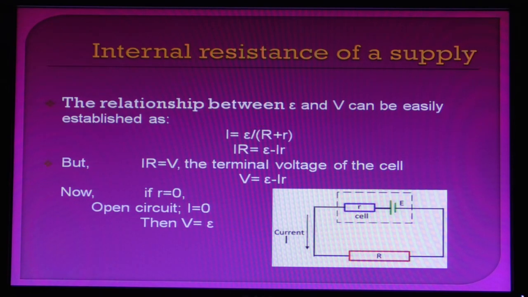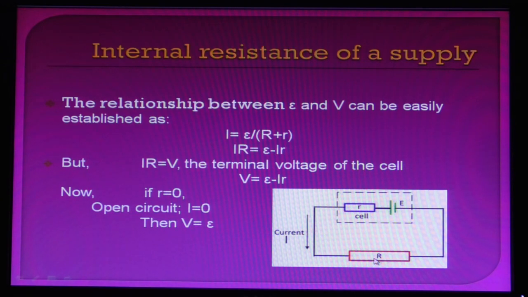Then epsilon is equal to I into R. Here there is not a single R; there are two resistances connected in series, one small and the other big.